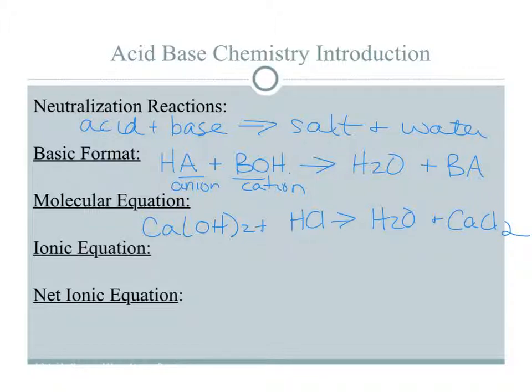And then we have to balance this. So 2 in front of the HCl, 2 in front of the water. Now, remember, these are all aqueous. This is the formation of liquid water, and this is aqueous.